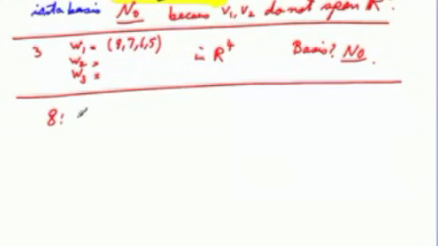say 8. I am given vector v1 is (2, 2), v2, there is a typo here, but that's not important, is (-3, -3).